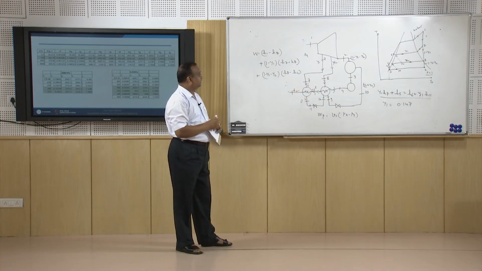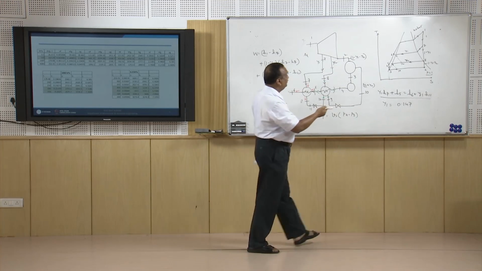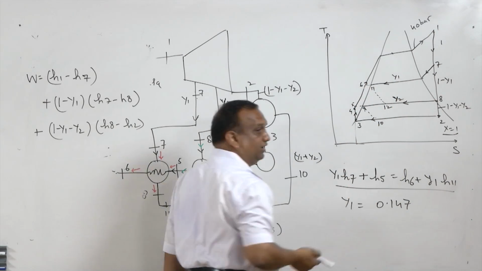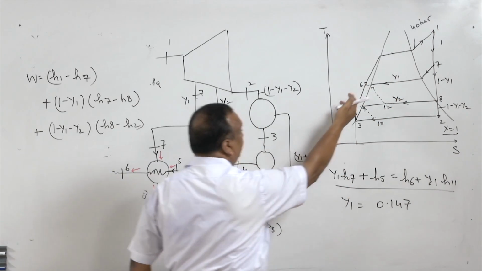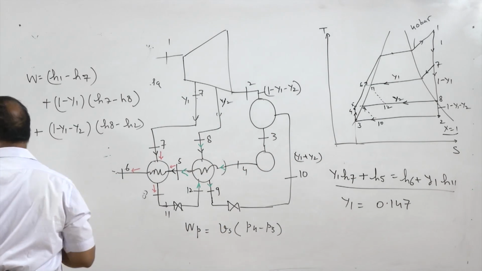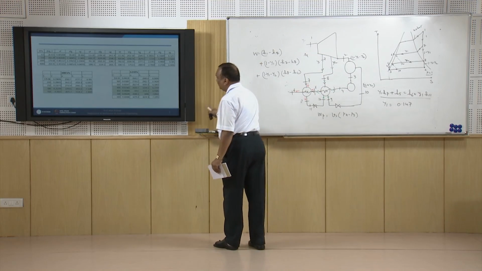This will give us the output of the turbine. Once we have the heat given to the system and output of the cycle, we can find the efficiency of the cycle. What was to be found here?